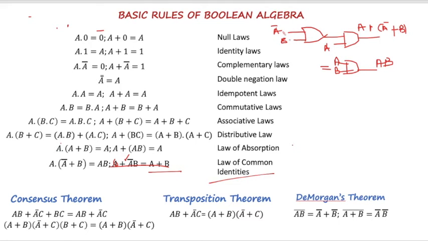So let's explain this circuit by a truth table, and this is the truth table of the AND gate, you know.